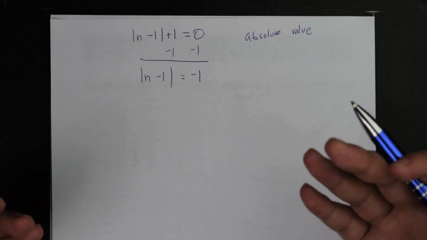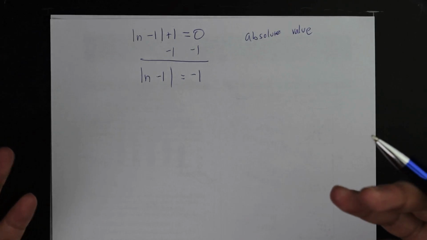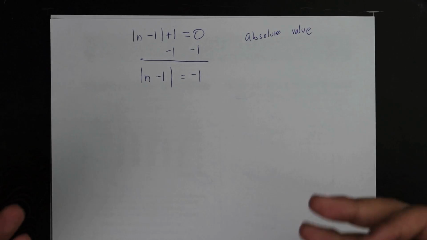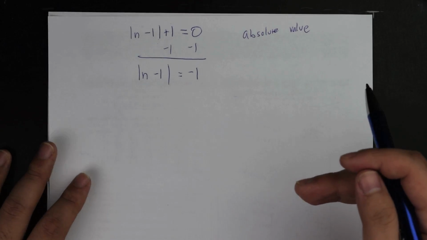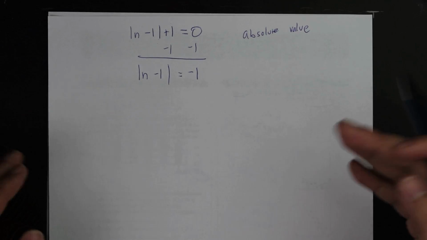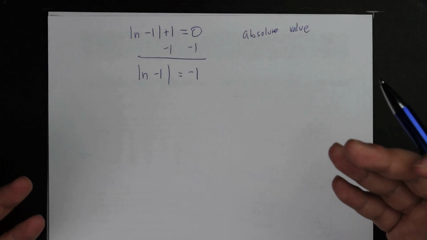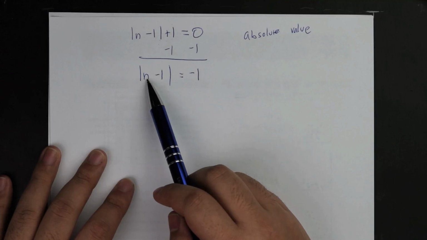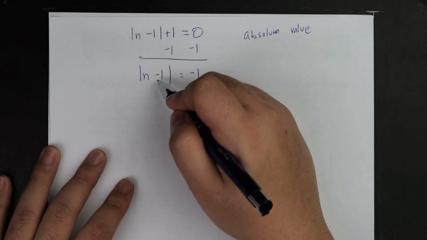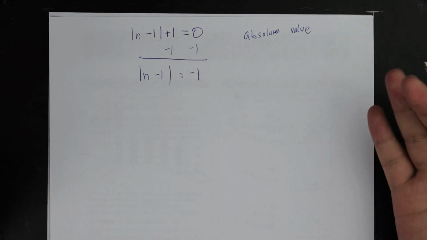A lot of times distance is considered a positive number. It's always going to be positive. I don't tell you that I am negative 3 miles away, because the orientation of where I'm located does not matter. So when I'm doing absolute values, the only thing that could come out of this is either 0 or a positive number.